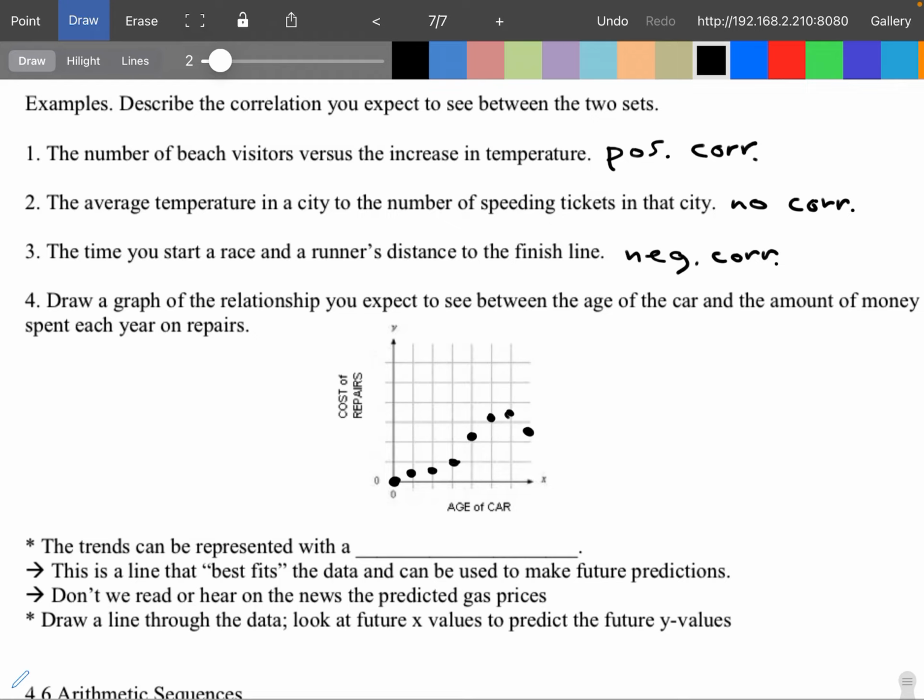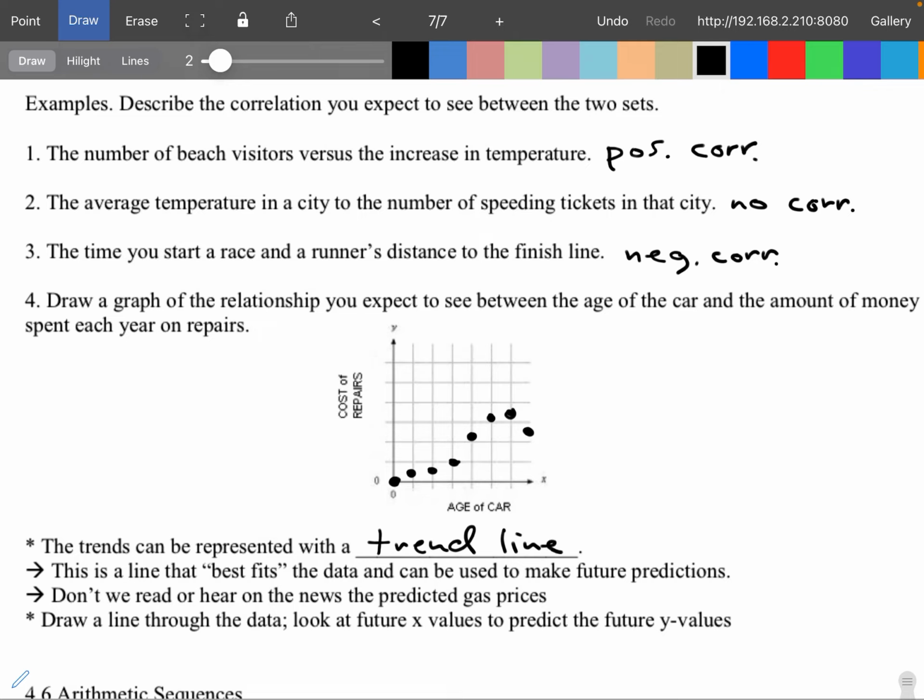Then eventually the cost of the repairs is going to start to go up a little bit, and then maybe it'll jump up. So maybe something like that. Again, I'm not going to get real specific on this. You might get a scatter plot that looks something like that. The cost of the repairs doesn't go up very much in the beginning because the car is brand new, but eventually it will increase.